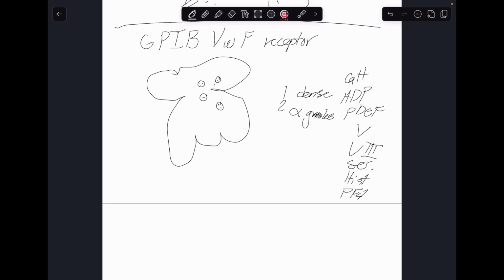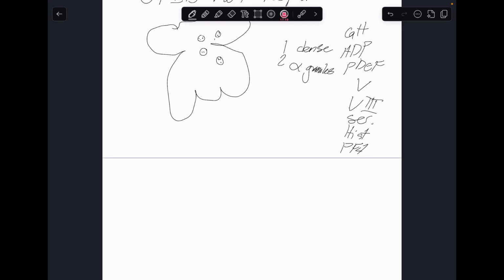But we have also other receptors that can be activated. Another one would be with ADP. We can activate our P2Y12 receptor that way.